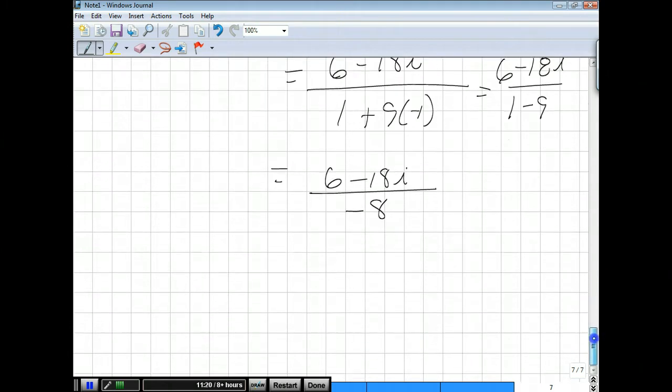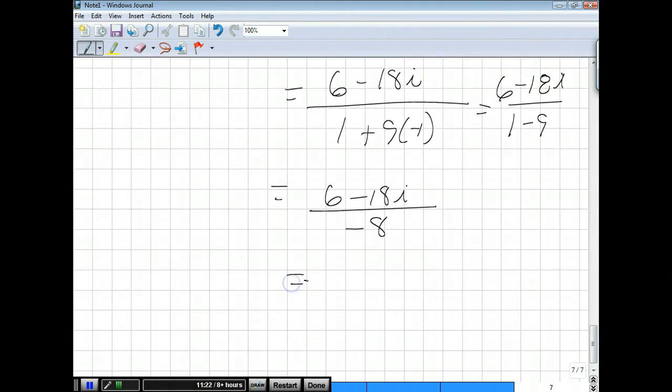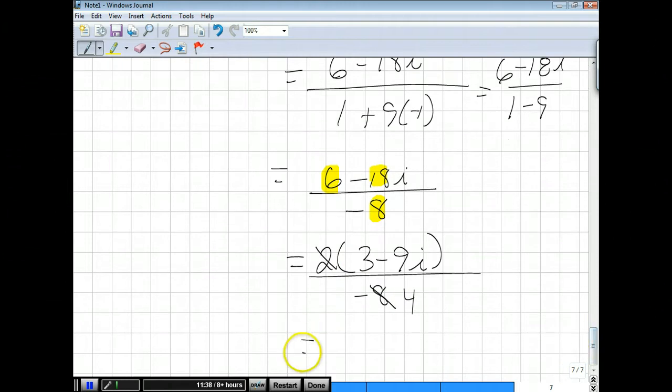Now notice that there's a common factor of 2 in each one of these. So I'm going to factor a 2 out of the numerator. And then this reduces with this, gives me a 4. So I get 3 minus 9i over negative 4.